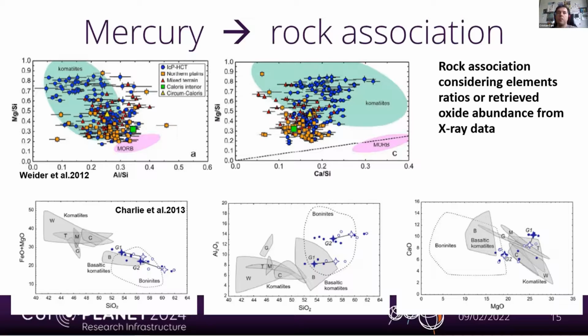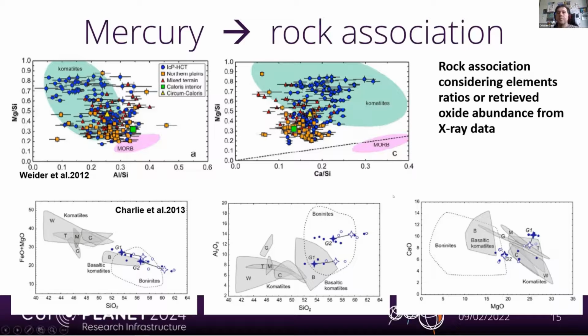But with different types of approach we can try to model the abundance of the oxides. One of these, in general, is to consider the distribution of the five major elements, so magnesium, aluminum, calcium, iron, and sulfur that we had from the X-ray, close it to 100, and recalculate the silica, obviously closing to 100 with just the silica as unknown, and so retrieve the oxide variation of the material present on the surface, so in the rocks that we have on the surface.